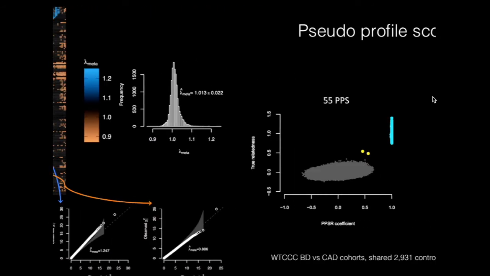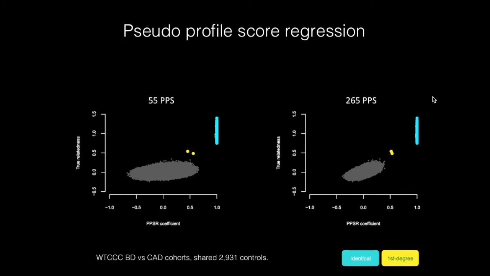However, lambda meta only detects the proportion of overlapping samples. It can't really tell exactly which individuals are shared between two cohorts. Without breaching privacy, pseudo-profile score regression can do the job. We call it PPSR. In PPSR, the regression coefficient is 1 for identical individuals, blue points, and 0.5 for first-degree relatives, yellow points.